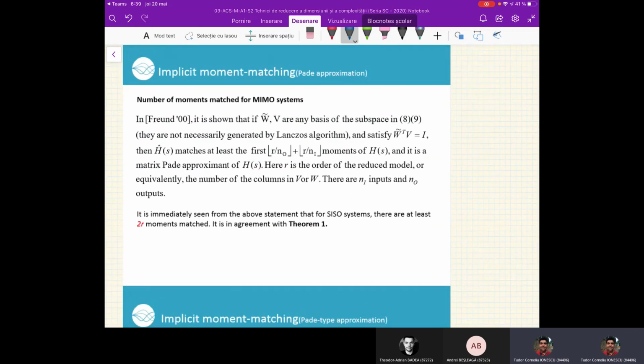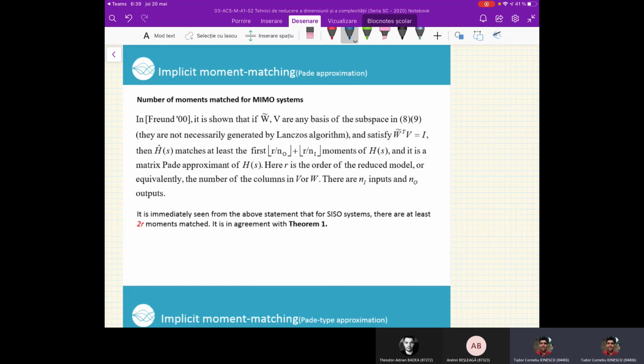And here are variants of the same procedure. You can also do this Padé approximation by applying the same procedure to multiple input, multiple output systems as well.